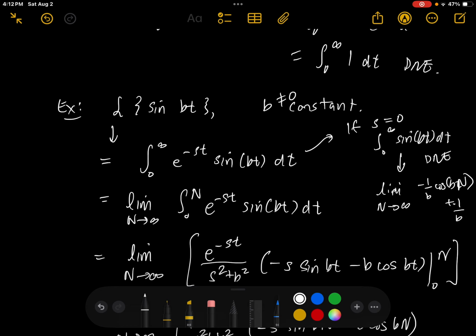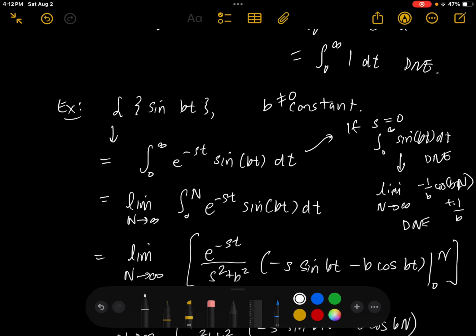And that limit doesn't exist because cosine is oscillating, so it doesn't exist. So if s is 0, this Laplace transform doesn't exist.